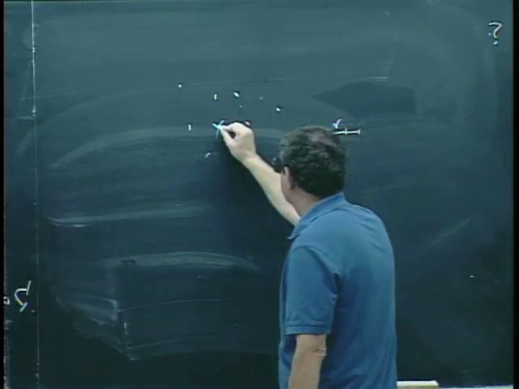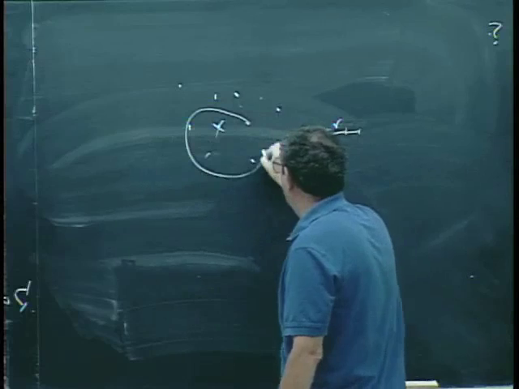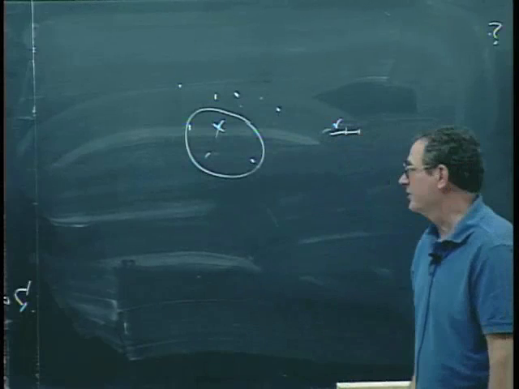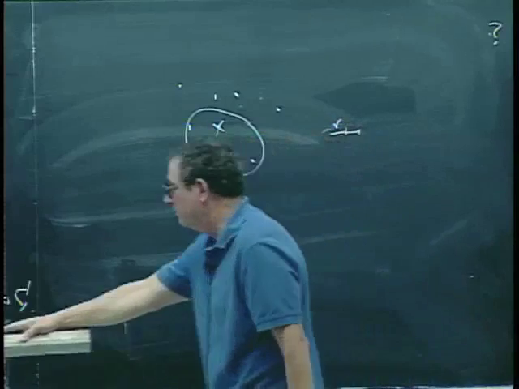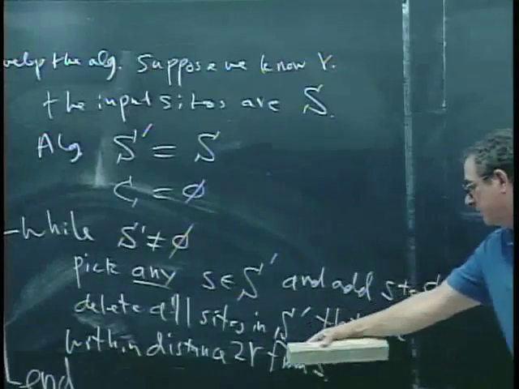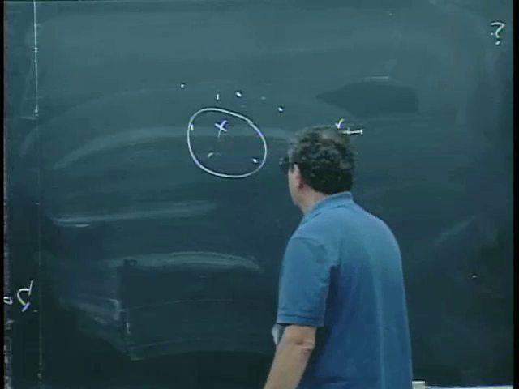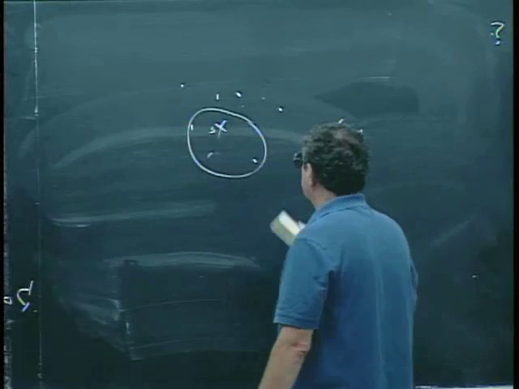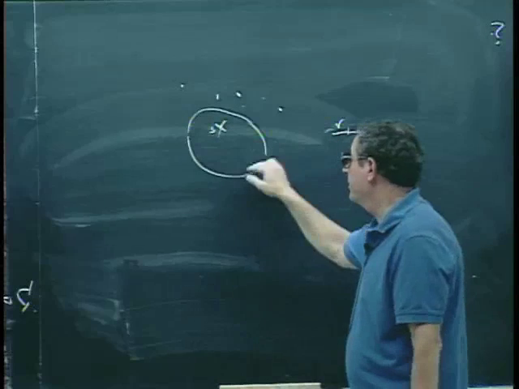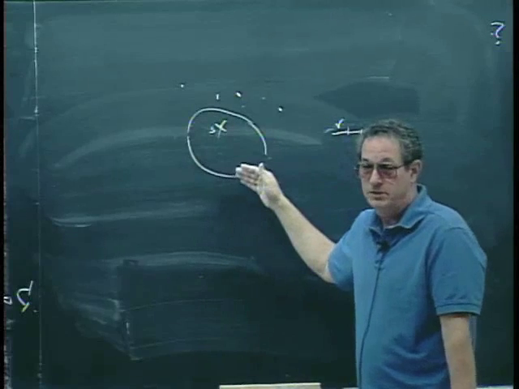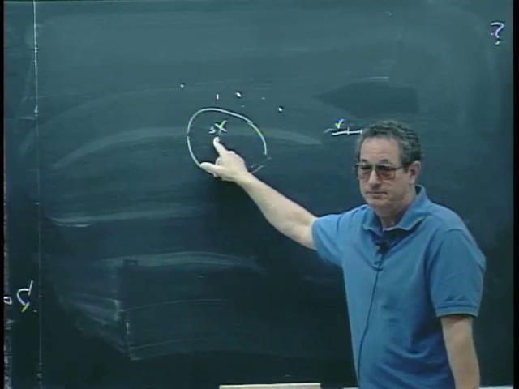If this is the center of that circle, 2R is like that. Not a very good circle, but you see the point. So these guys go away, because you're going to delete all those sites from S prime that are within 2R from little s. Now this is little s. And all those sites are within 2R of this center that you just picked, right?